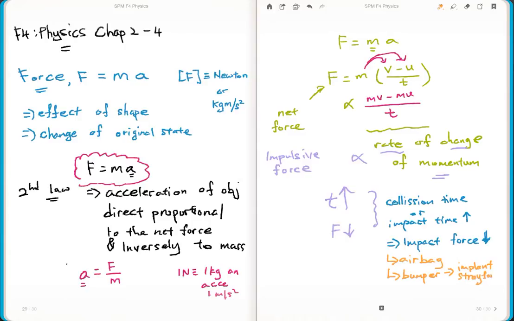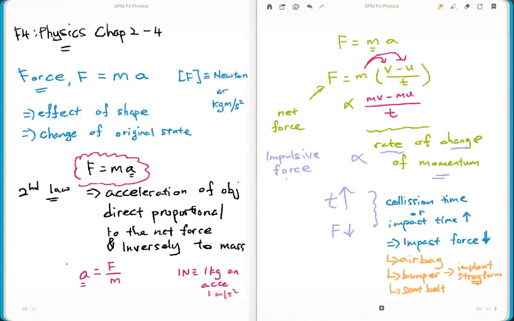I can't be sure of the spelling, so look for styrofoam. Airbag, bumper, and seat belt. That's why it's always advised to wear a seat belt whether you are sitting in front or at the back. So there are a few examples, and there are a few more in your book. You may want to look into it.